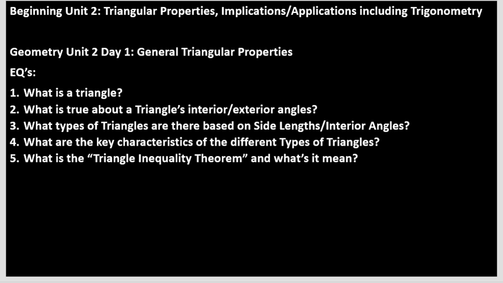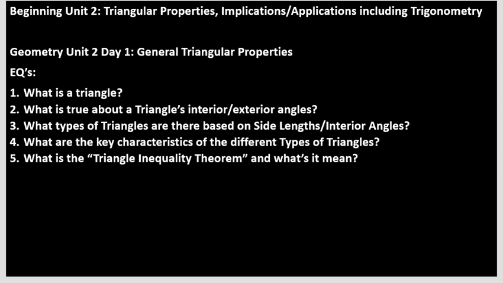Okay, what are the key characteristics of the different types of triangles? We went over all of that. I'm not going to repeat all of that and draw it all again. And number 5, what is the triangle inequality theorem and what does it mean?